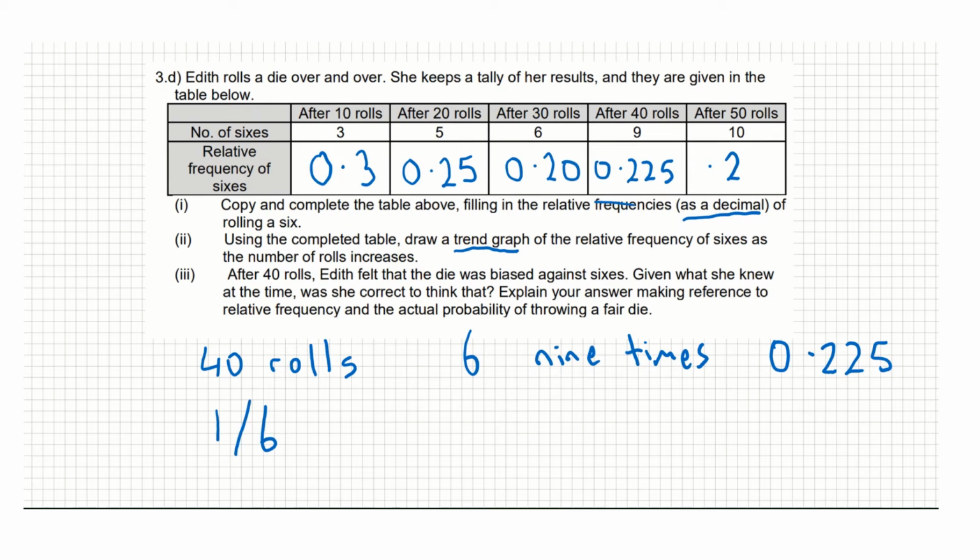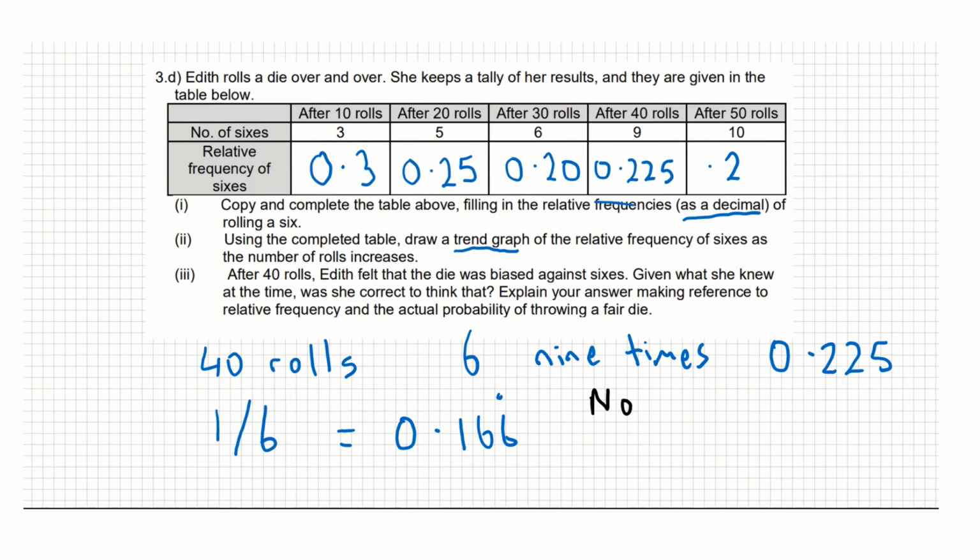So we'll go to our calculator again and we go 1 divided by 6 and we get 0.166 recurring. Okay, so she actually got the number 6 more than the actual probability of getting a 6. So explain, was she correct to think that? No, she wasn't. Okay, and she got it the other way around. In fact, if anything, the dice was probably not biased against sixes.